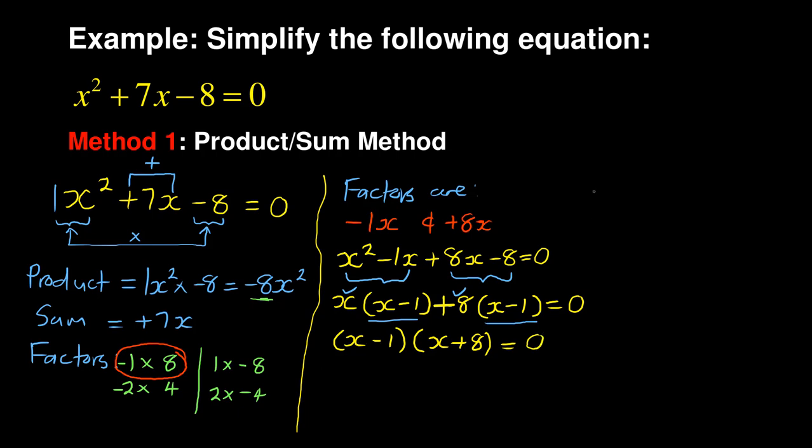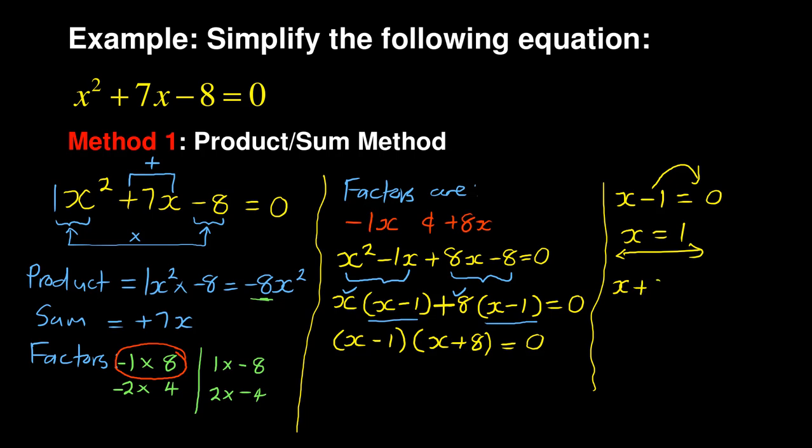So when I'm now solving my equation, it says either x minus 1 is equal to 0, and then I'm going to take 1 to jump the equal sign. So I've got x is equal to 1. That's my first answer. My second answer is x plus 8 is equal to 0. Then again, I do the same thing.